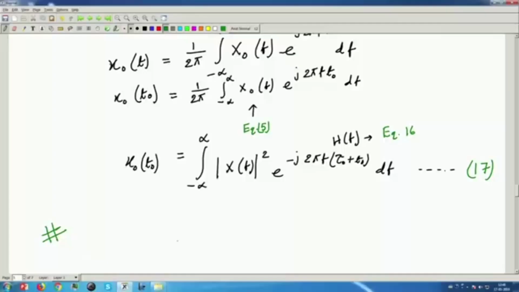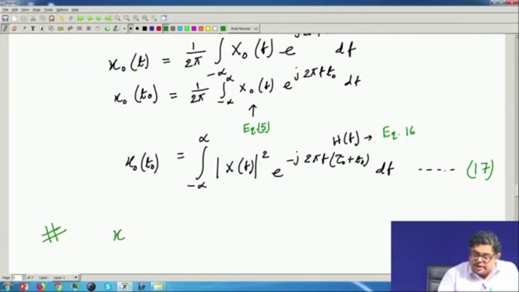Like I can give you an example: in a tutorial problem, you can be given, suppose a signal x t is a Gaussian type of signal, e to the power minus t square by 2 t.